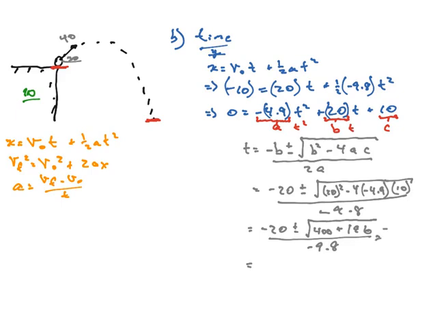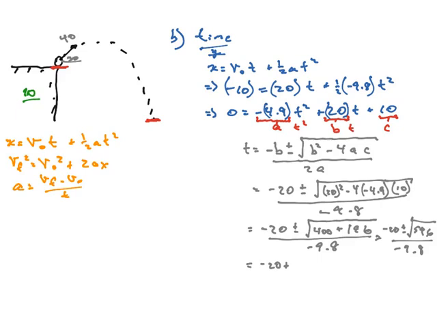So, negative 20 plus or minus the square root of 400 plus 196, which is 596. So this is going to give me 2 answers because of the plus or minus. Let's look at the plus first. The plus says negative 20 plus the square root of 596, I'm sorry.